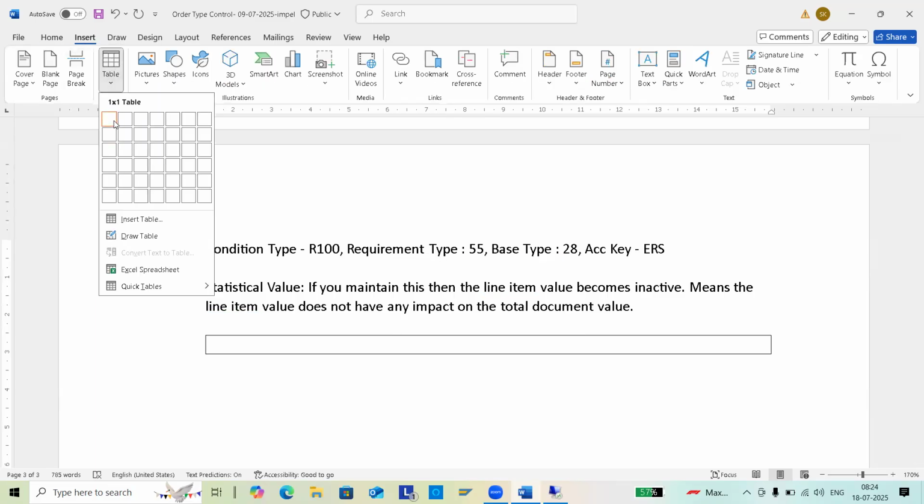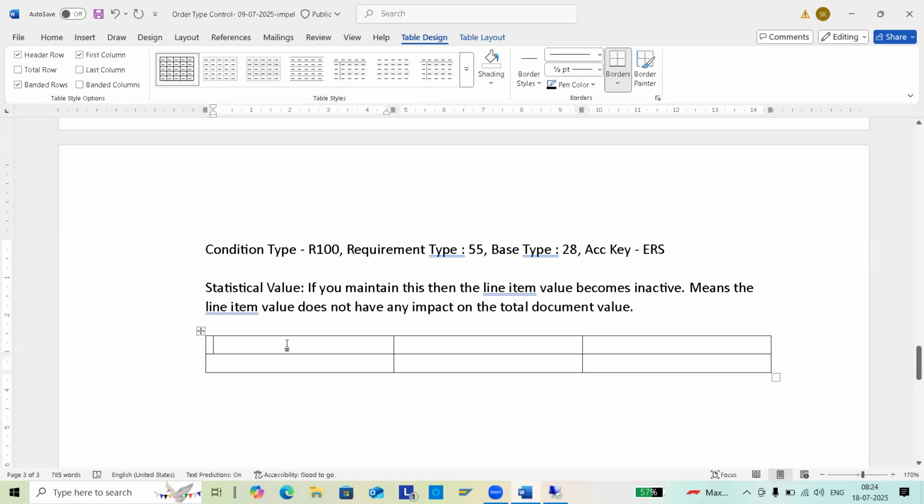See, for example, let me tell you in this way. There is a material X, quantity is 10, price is 10 rupees.